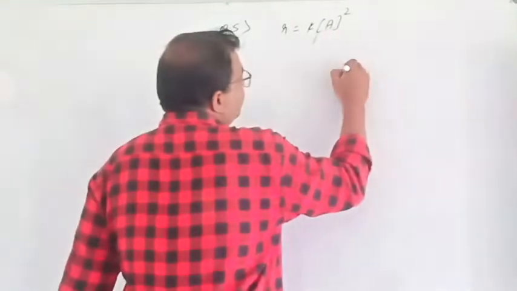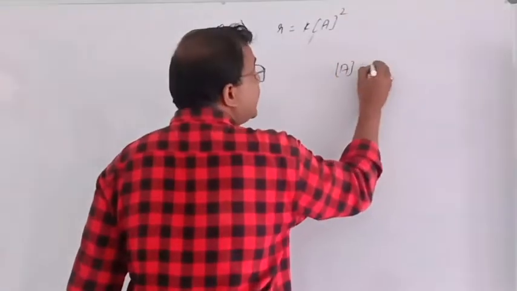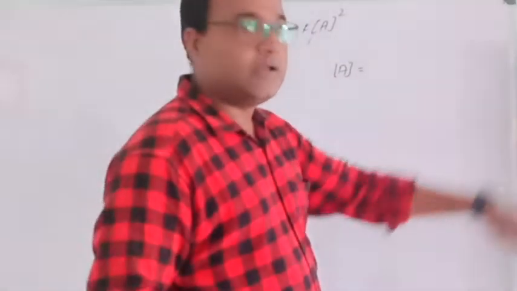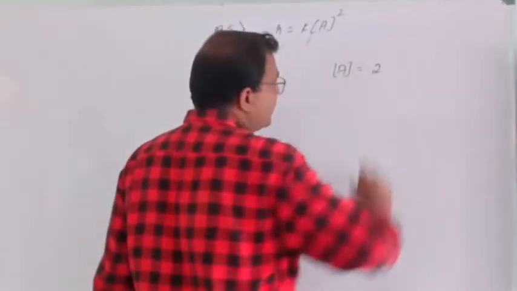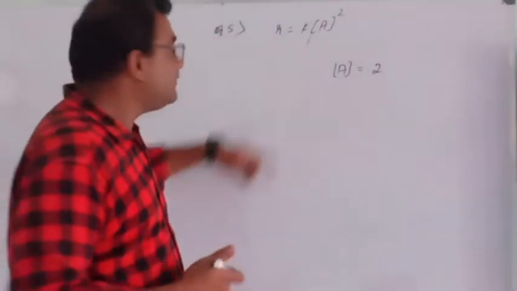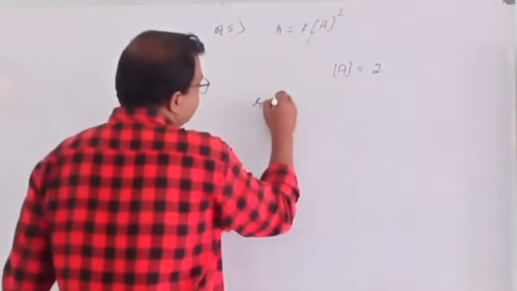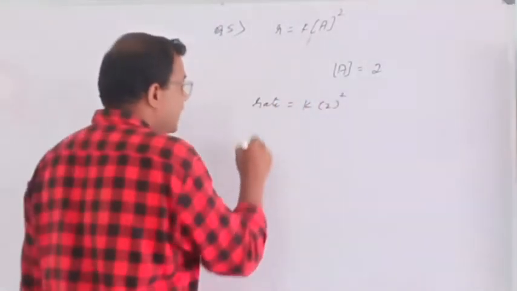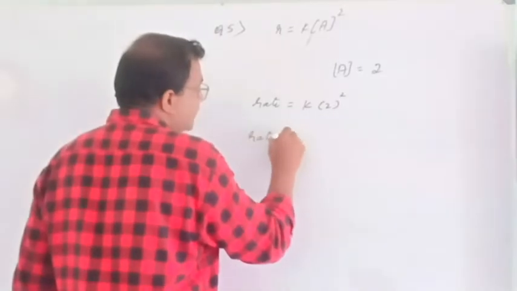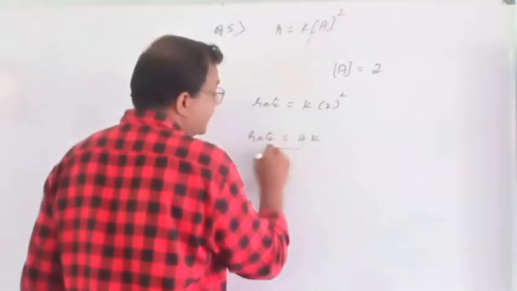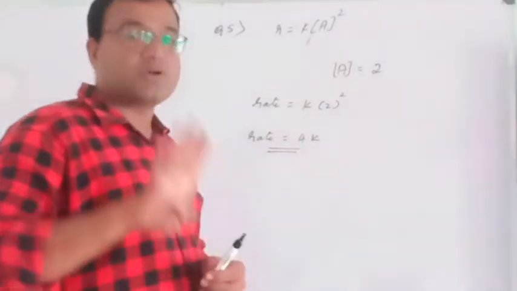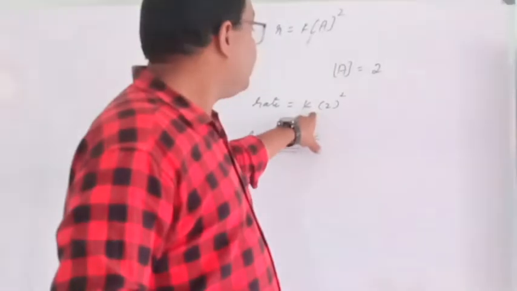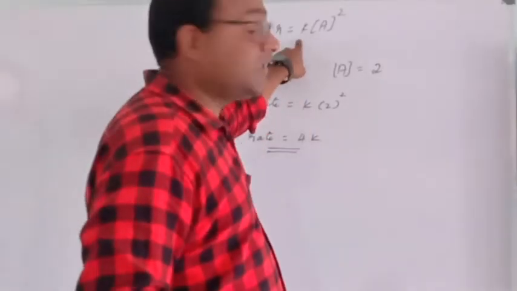See, if the molar concentration of A is increased double, that means 2 times, then what will be the rate? Very simple. Then rate is equal to K into 2 squared, or rate is equal to 4K. That means the rate increases 4 times. So rate is equal to 4K. K means this constant, the rate constant. K is the rate constant.